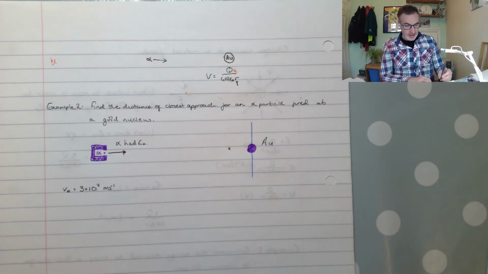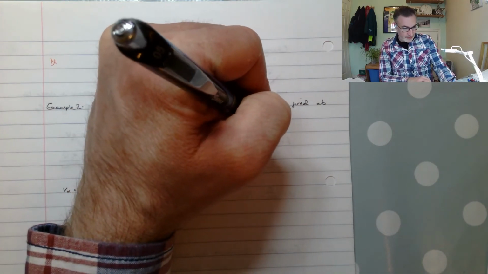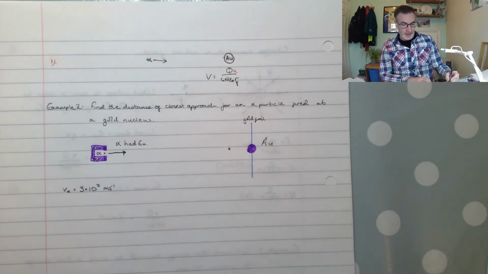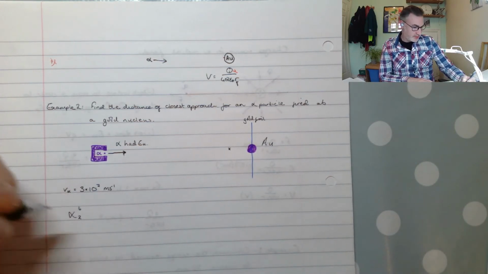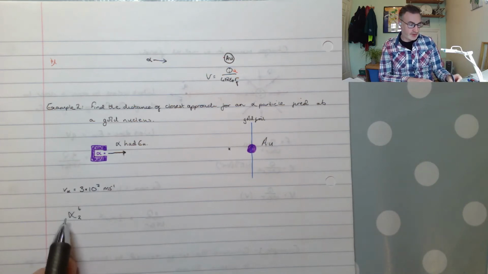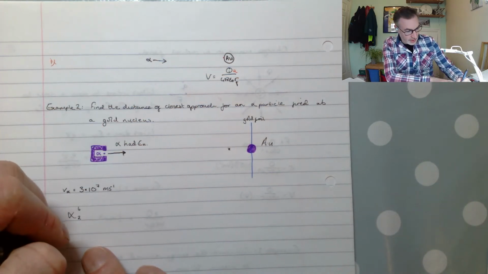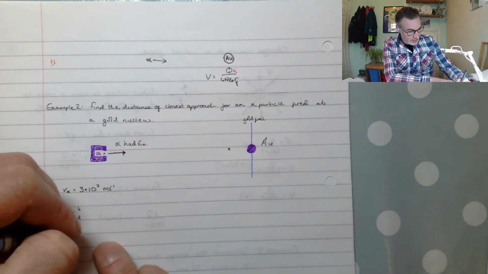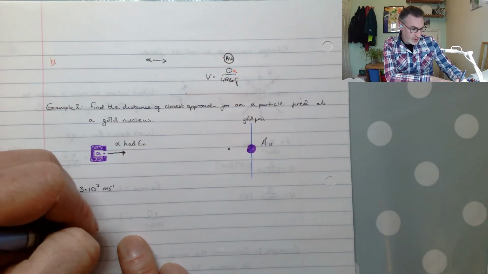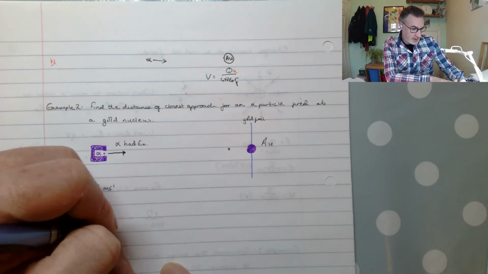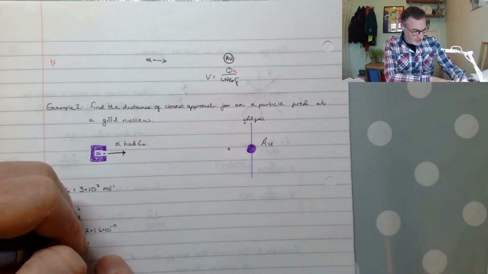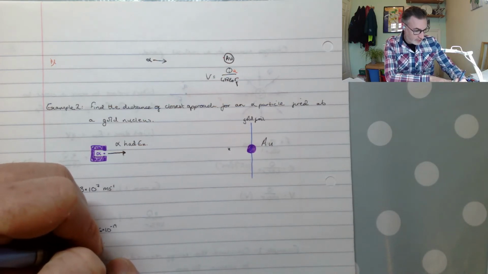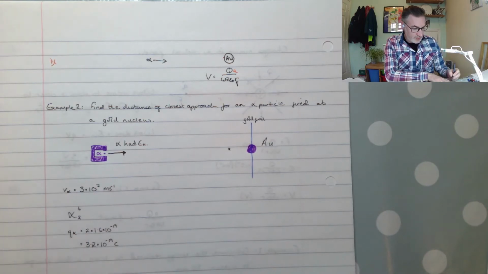So what do we need? This is the gold foil. We need to know the charge of an alpha particle. An alpha particle is 2 protons, 2 neutrons, so Q of alpha is 2 times 1.6 times 10 to the minus 19, which is 3.2 times 10 to the minus 19 coulombs.